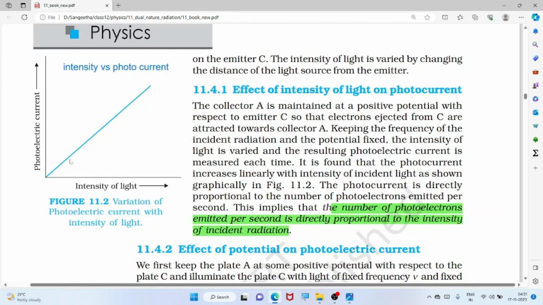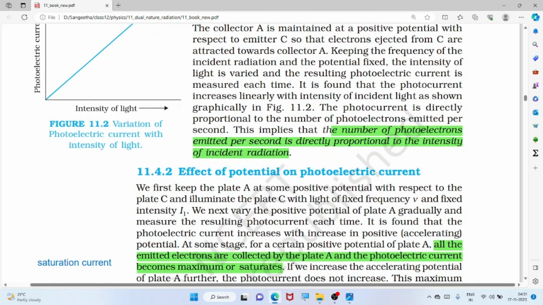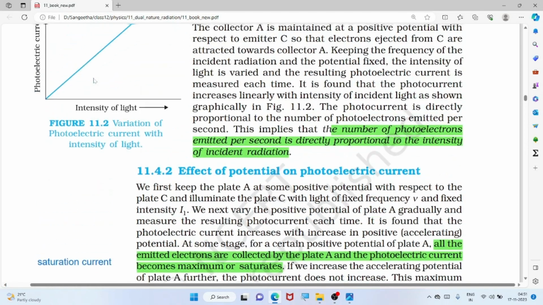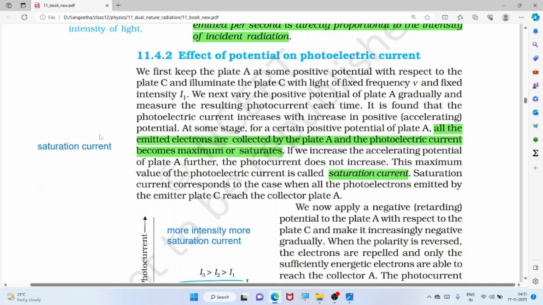This is the graph of intensity of light versus photoelectric current. Remember, as the intensity of light increases, the photoelectric current increases. The current is directly proportional to the intensity only, not the frequency. They are both different.